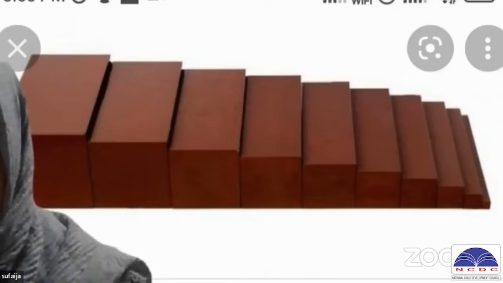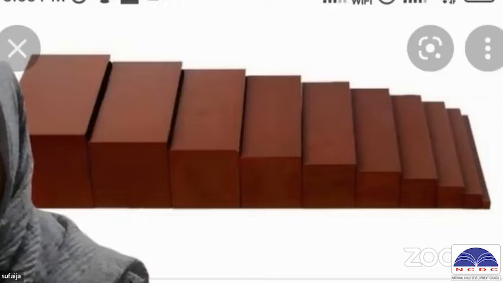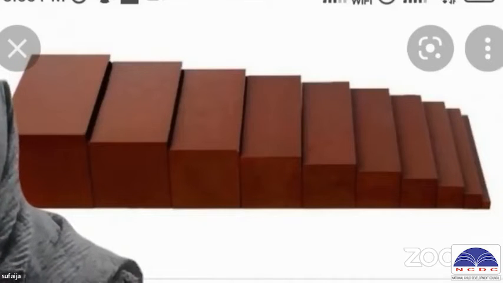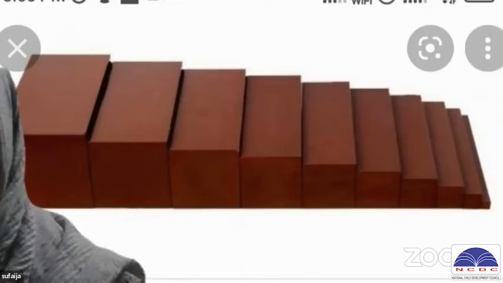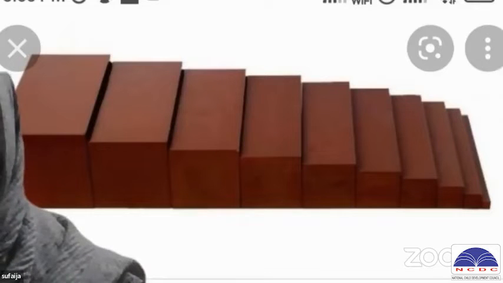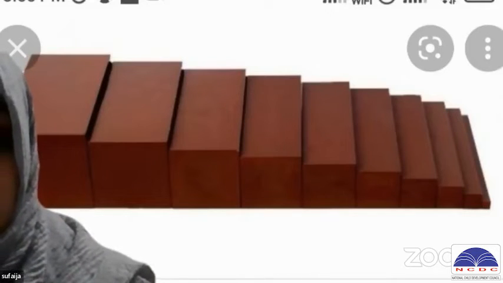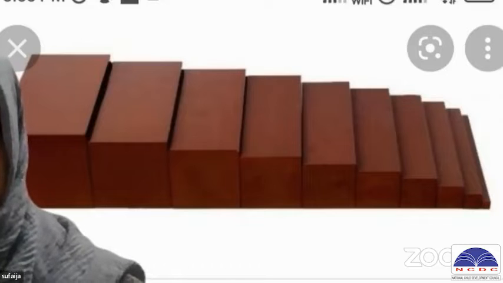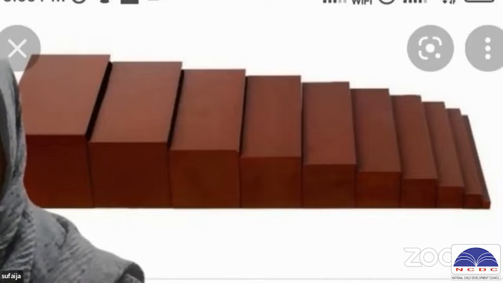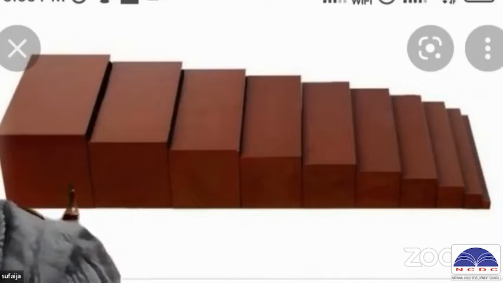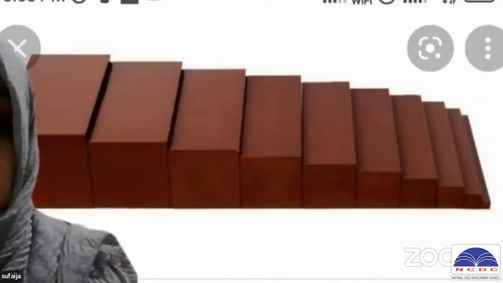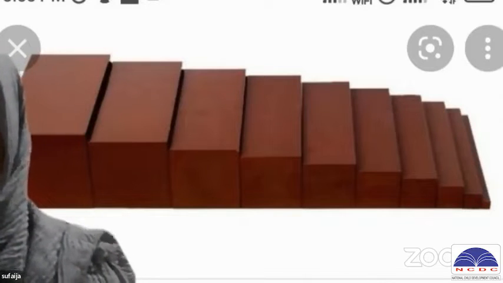Then we show one cuboid taken and a second one also. At that time the child will understand. The first one is big. The second one is small. Then the child will understand and keep them the correct way.